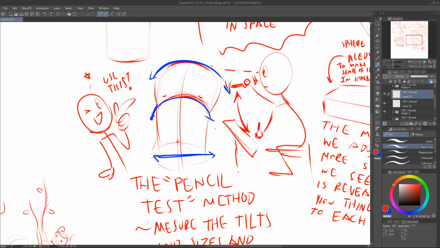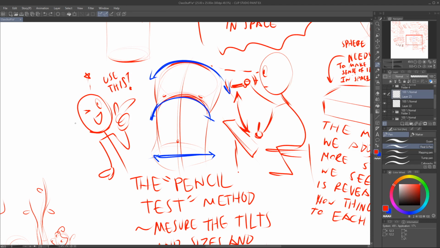Like when an arm is foreshortened towards you versus an arm that is perfectly parallel to you, so you can see its full length. You'd be able to use this technique to relate them to each other, and also to measure off other things in the body that you can use as measuring points to figure out how long they are.